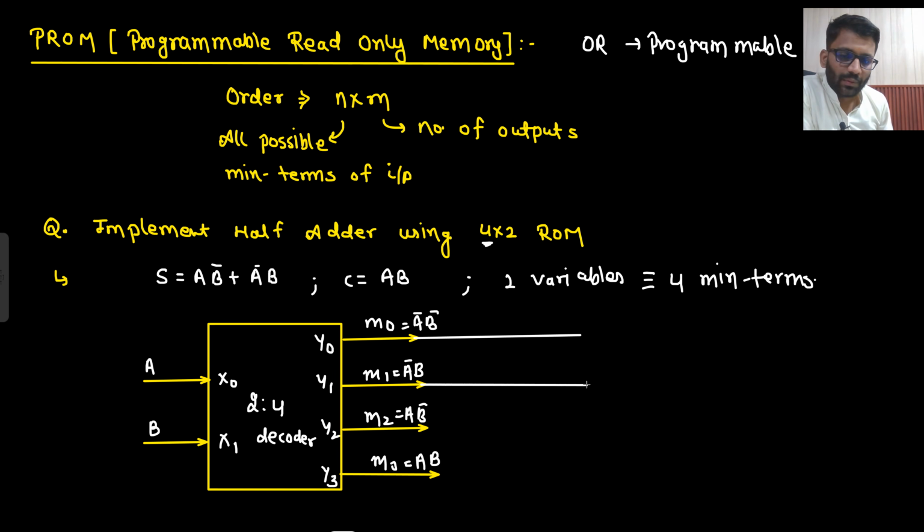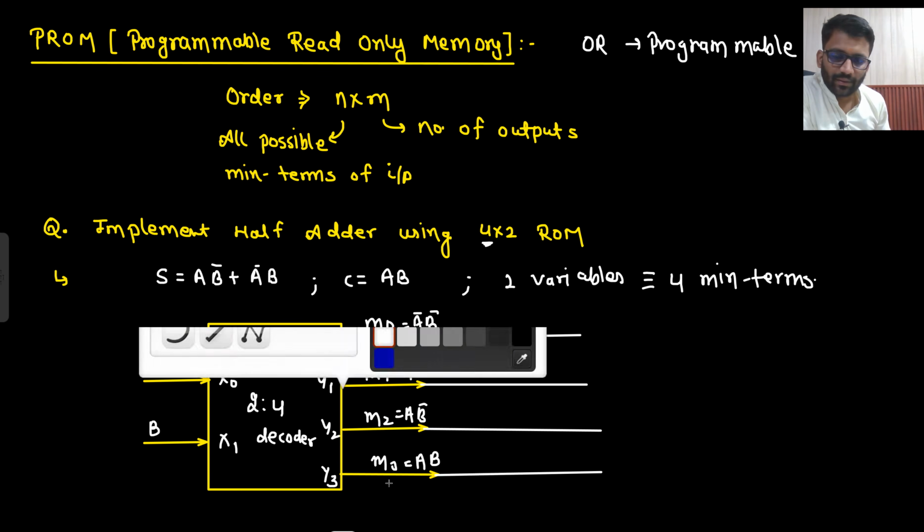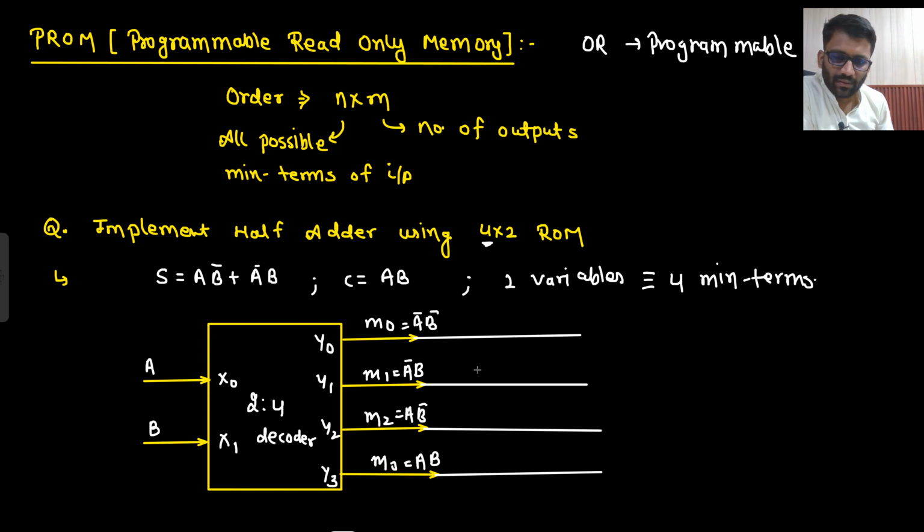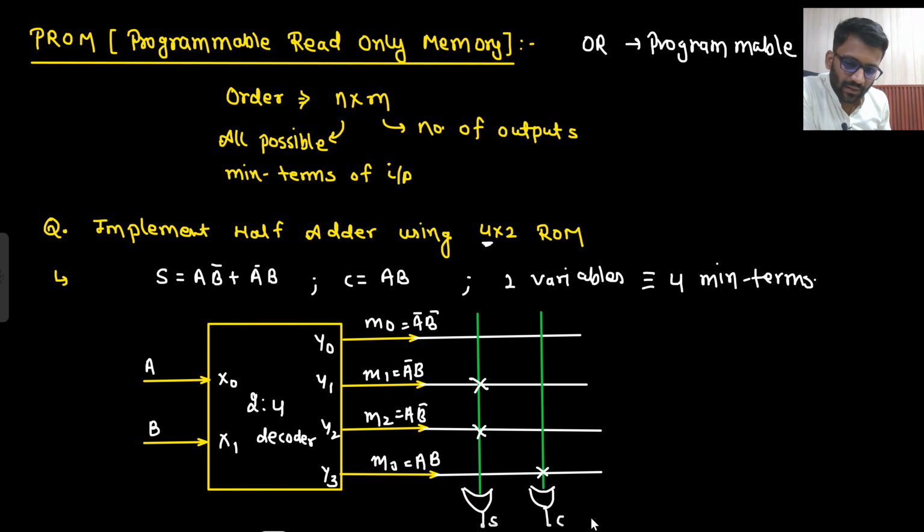I just need to use my OR gate. So A bar B, A B bar. This is the sum. And what about carry? This is carry. Carry is AB, which is programmable. So cross I am saying. So it is being fed with A bar B plus A B bar.